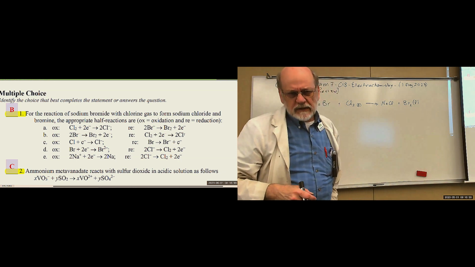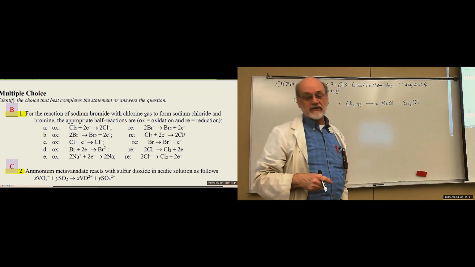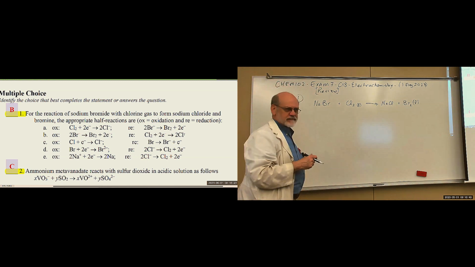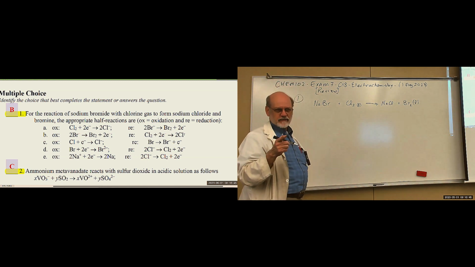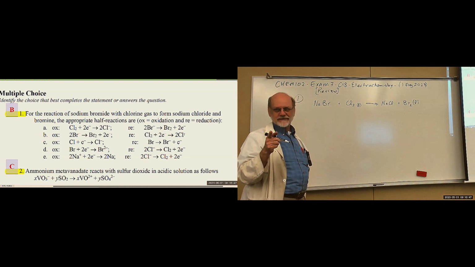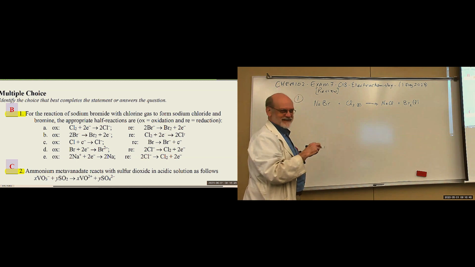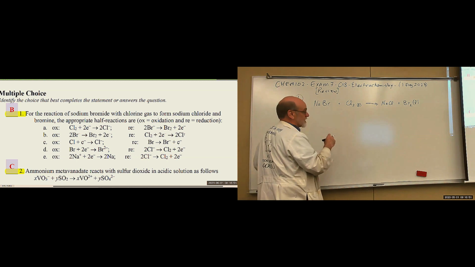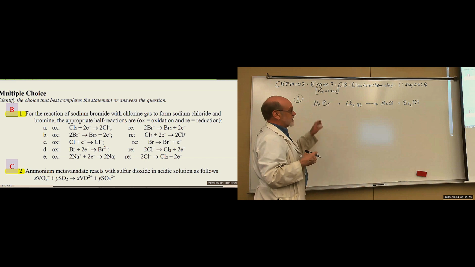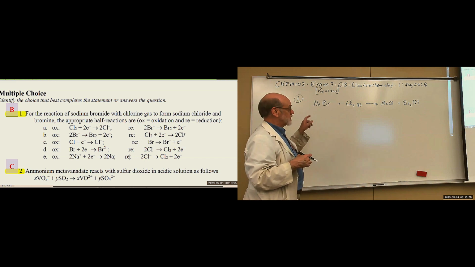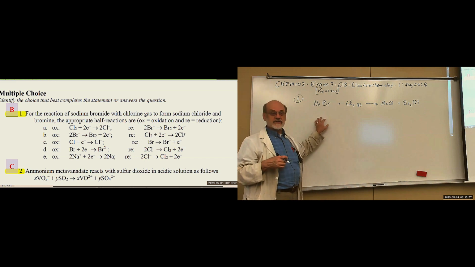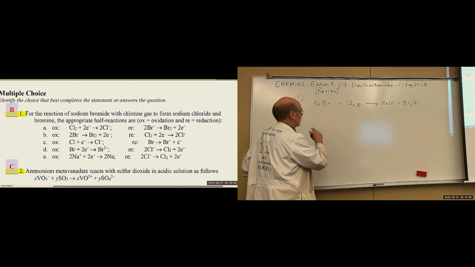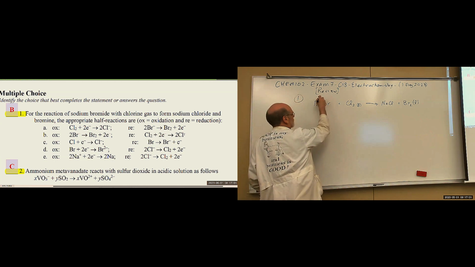Okay, the appropriate half reactions. We did introduce half reactions. So in order to determine which is the oxidation and which one's the reduction, we need oxidation states, correct? Okay. So alkali metals are always +1.